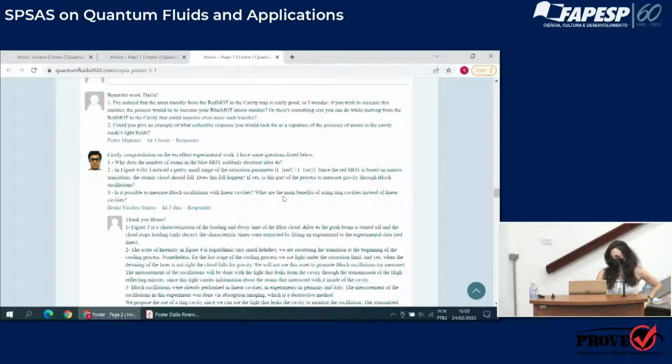It is possible to measure Bloch oscillation with linear cavities. What are the main benefits of using ring cavities instead of linear? Yes, it is possible, yes. It was done already by other people. I think Hans measured Bloch oscillation with a linear cavity, but they measured it with artificial gravity.